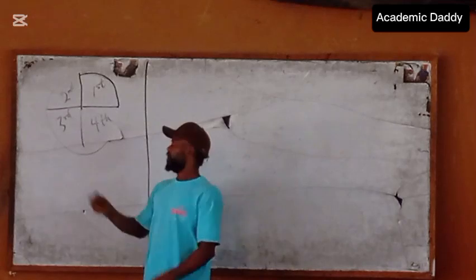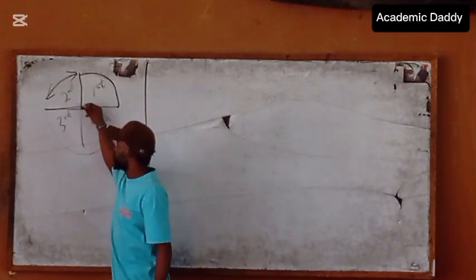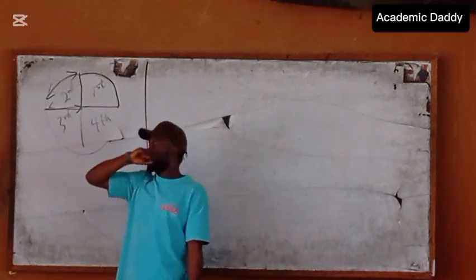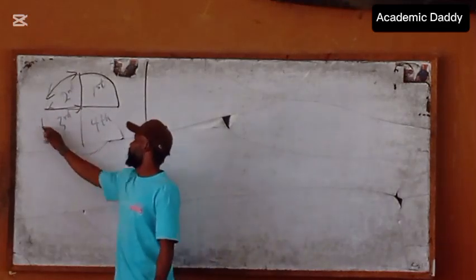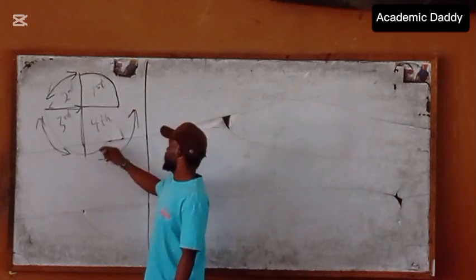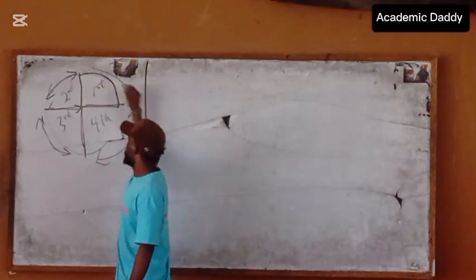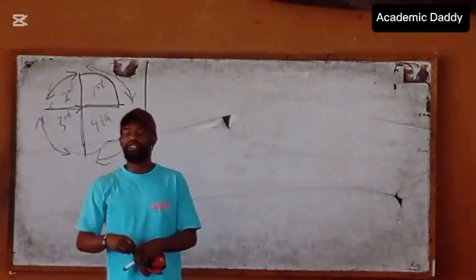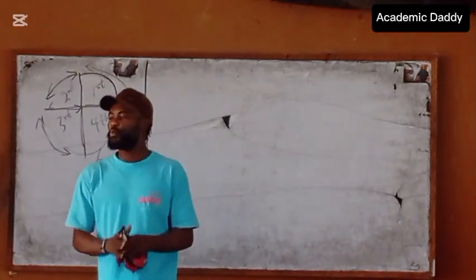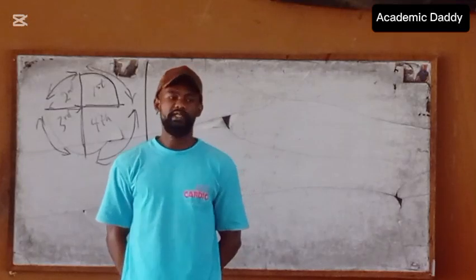When it gets there, it has a curve. When it comes there, it has a linear path. When it gets there, it has a curved path, and so on. That's why we say that circular motion is that type of motion that has both a linear path and an angular path. Are you seeing it?